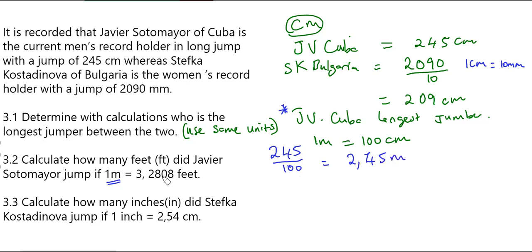Then we are moving from a bigger unit to a smaller unit, because if you are saying 1 meter is equal to 3,2808, it means that meters is a big unit and feet is a smaller unit. So we multiply. So we're going to get the feet as 2,45 times 3,2808.